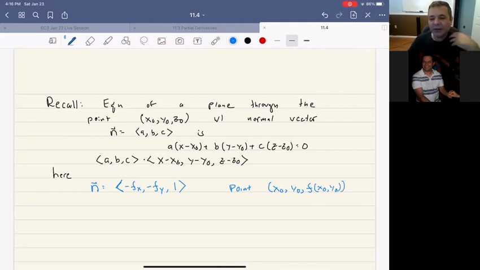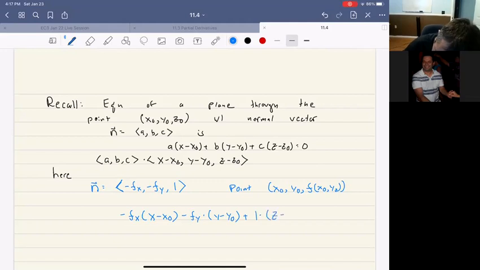Okay, so now let's go ahead and do this dot product. We take negative f sub x times x minus x0, minus f sub y times y minus y0, plus 1 times z minus f of x0, y0. That should all equal 0.